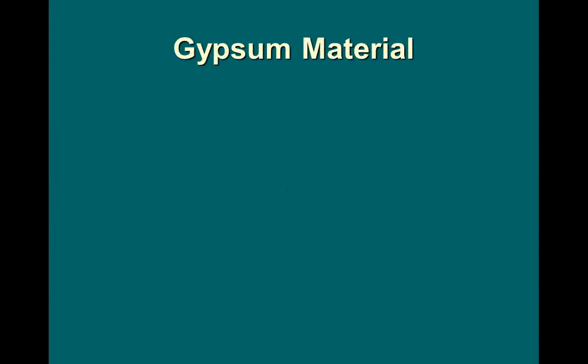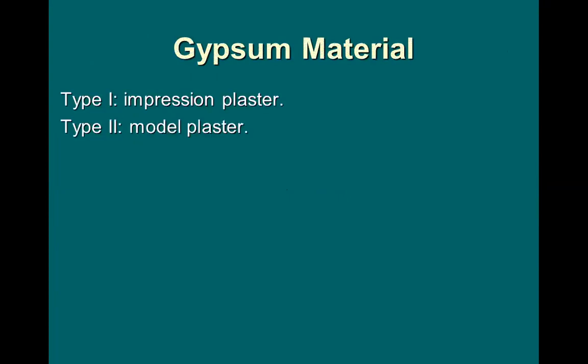The gypsum materials which are present to be used in crown and bridge treatment, first of all, is the impression plaster. Impression plaster is not used here in crown and bridge because it is a hard impression material. It is used for complete denture, and it is used for final impression.